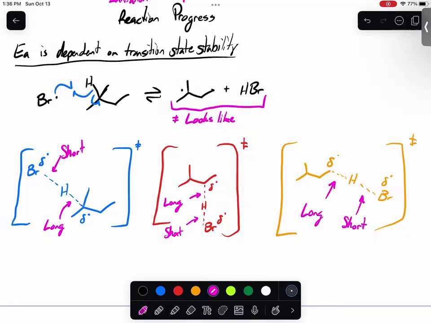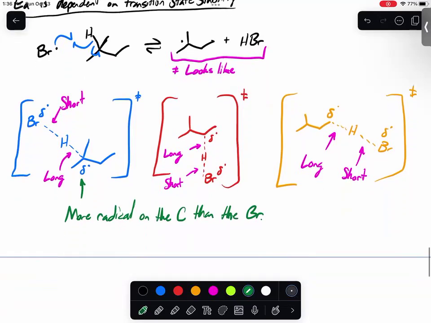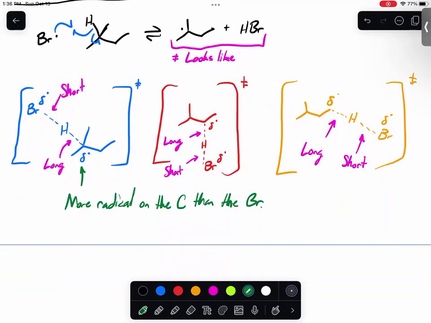What we're essentially saying is if it looks like the products and that CH bond is long, that means in each of these cases, there is more radical on the carbon than the bromine. And why does this matter? Well, it matters because different carbons have different radical stabilities.